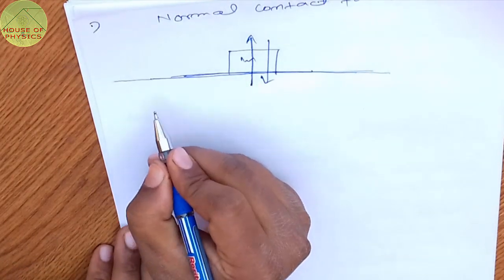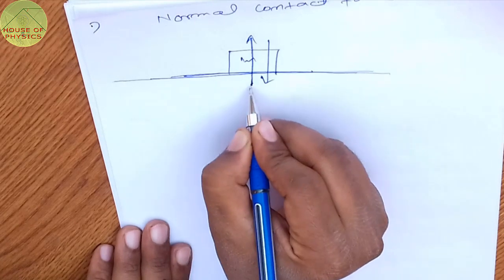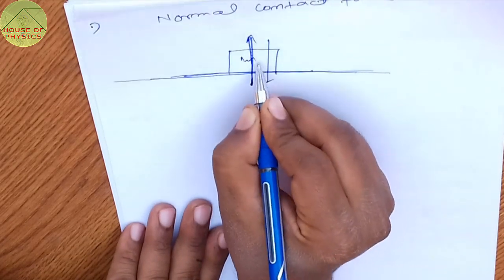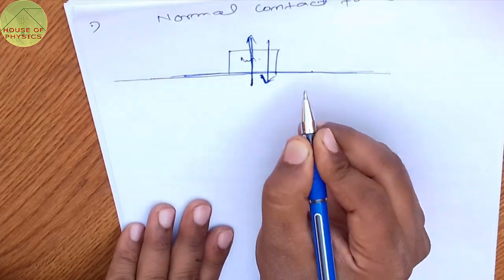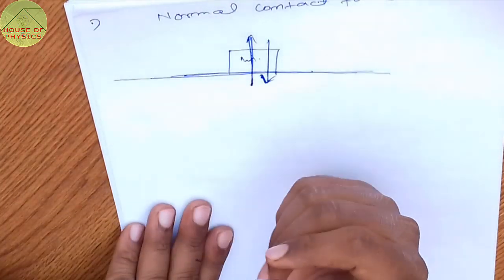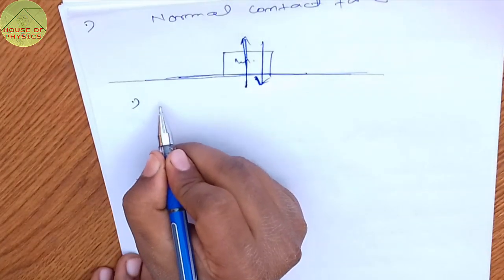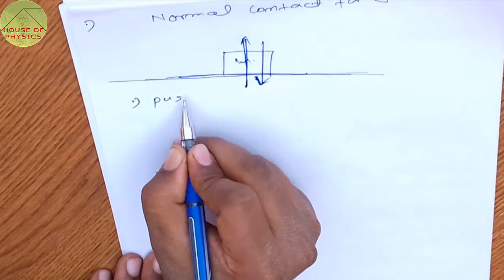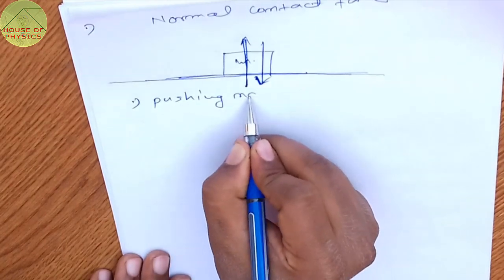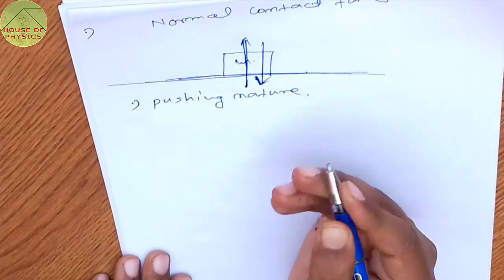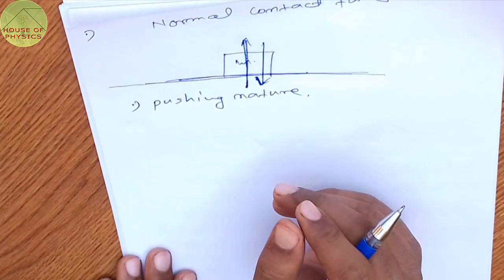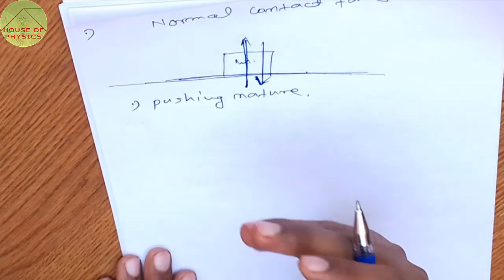One important point we can easily identify is that this body applies force on this one and this body applies normal contact force on this, so it has a push nature tendency. It means normal contact force is of pushing nature. Every point should be remembered, because these are the basic parameters on which the laws of motion generally depend.